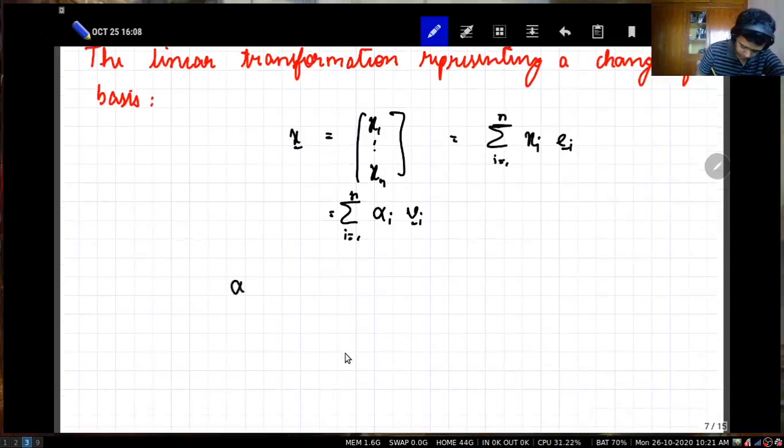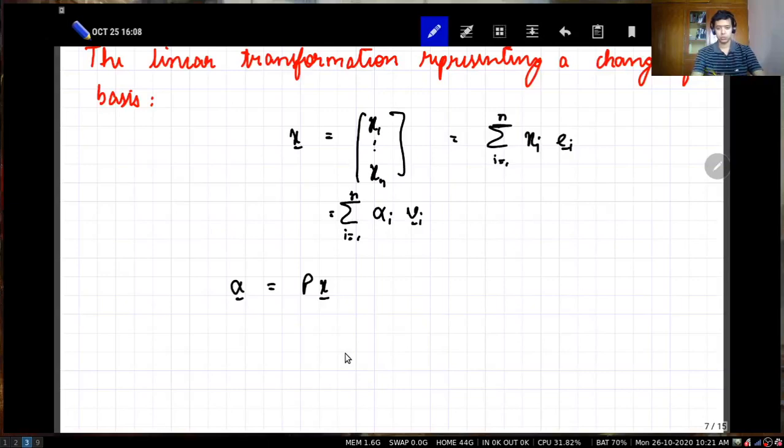So this alpha is equal to P times x, right?